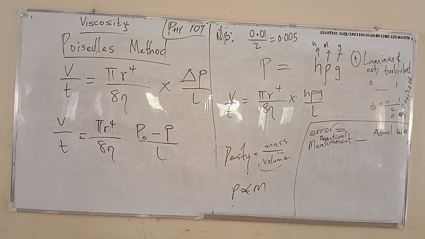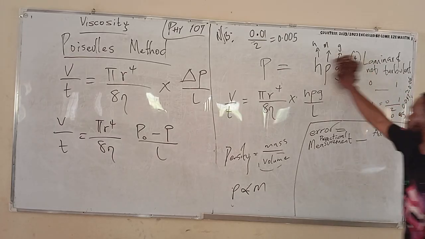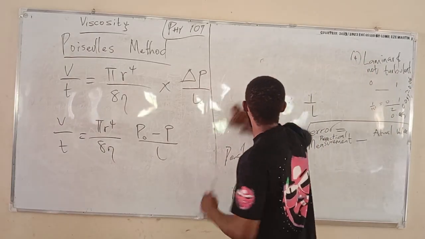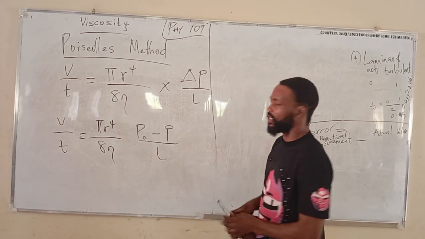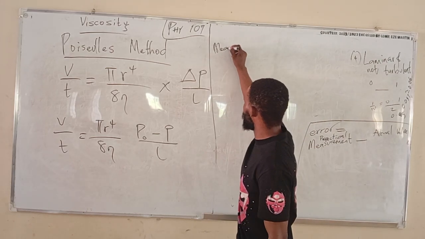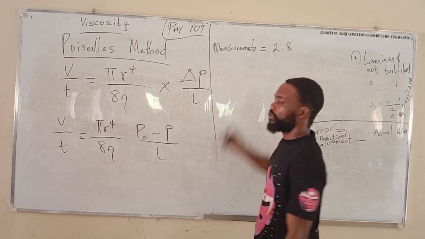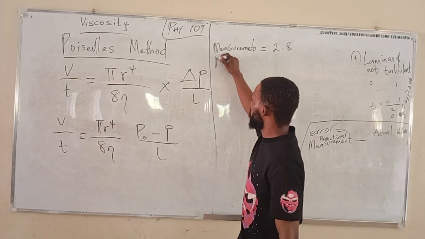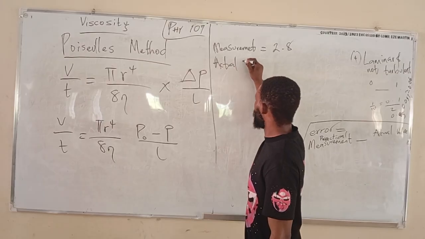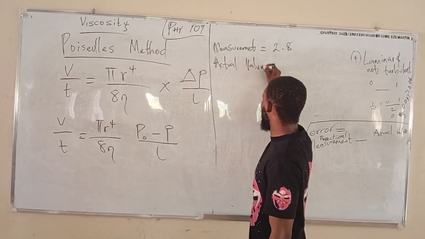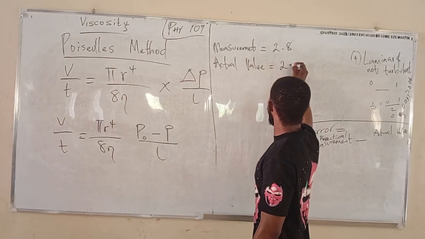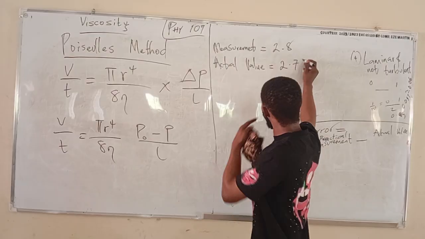Okay, but take for example. You know this is not the main thing. I'm just trying to touch all the things necessary because, as I'm teaching you this, I'm looking at exam safety. But I'm saying, if for example I did a practical, and in that practical I made measurements and got, let's say, 2.8, and the actual value I'm supposed to have is, let's say, 2.78 or 2.74.